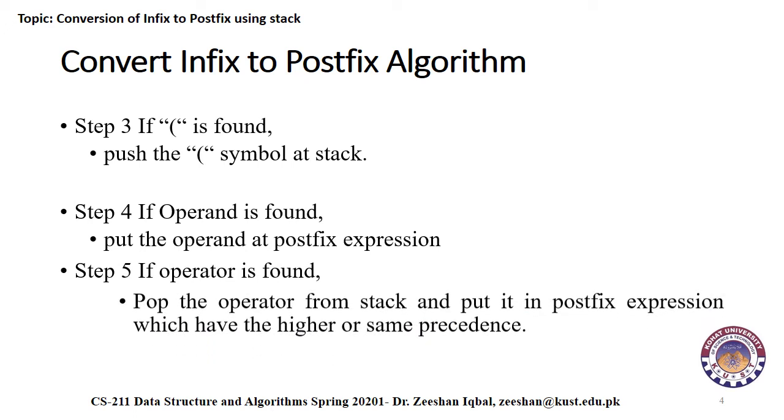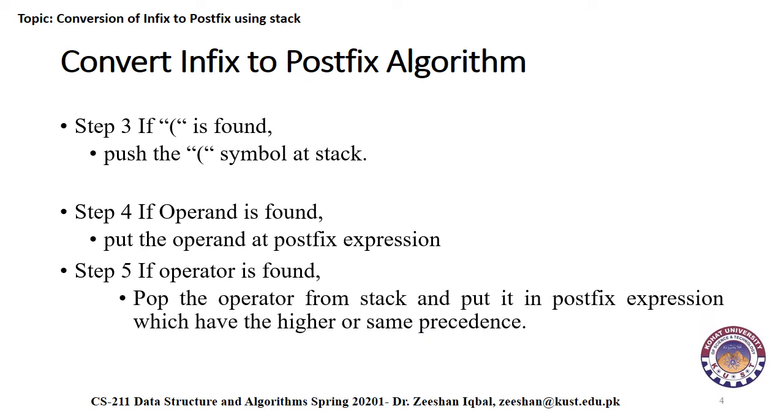Next, step number 5: if an operator is found, repeatedly pop operators from the stack and put them in the postfix expression which have the higher or same precedence as the new operator. And in the next phase, push the new operator on the stack directly.